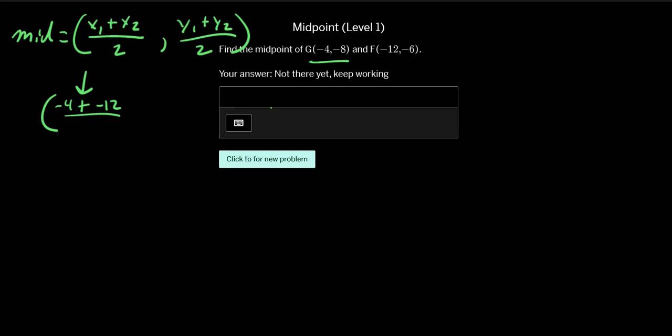Is it technically subtraction? Yes. Does it matter? No, because I'm showing that -4 and -12 are combining together. That's why I'm writing plus -12, which is fine if you're working out these problems. And that goes over 2. And then y1 is -8 plus y2 -6 over 2.